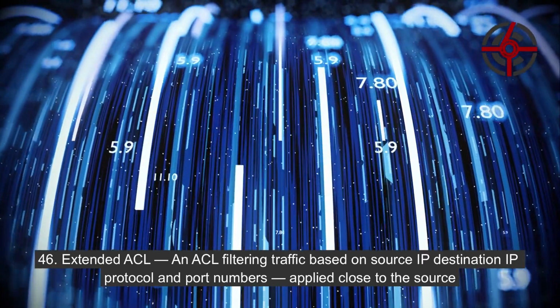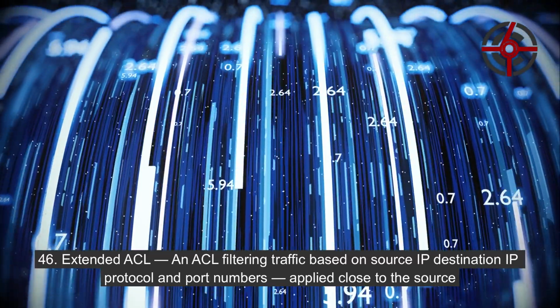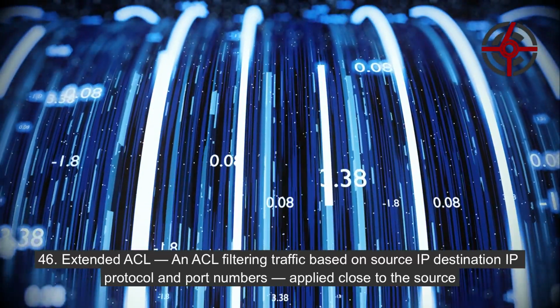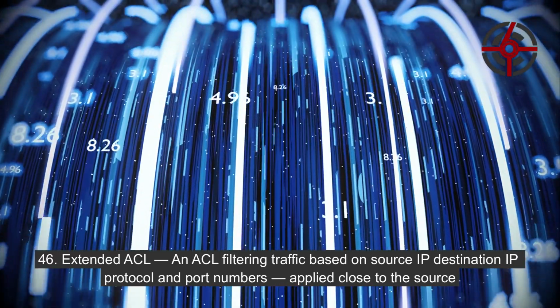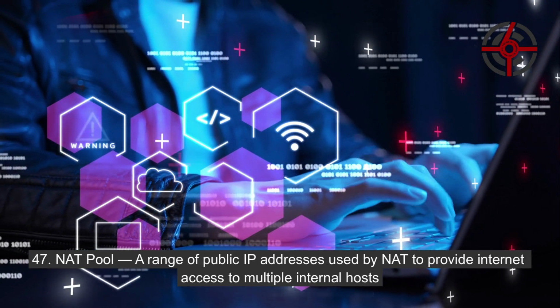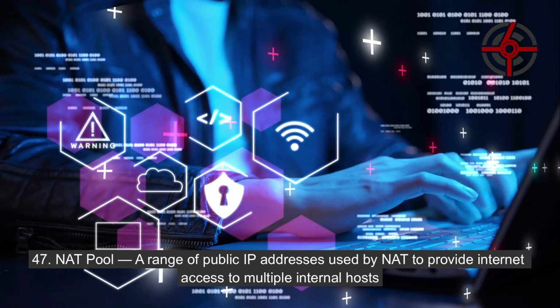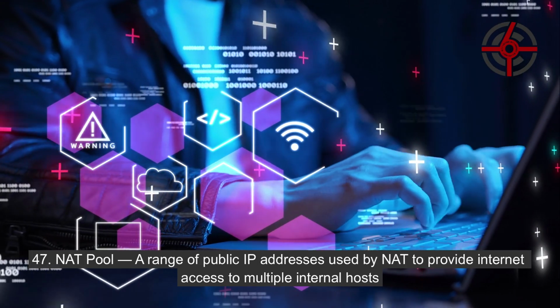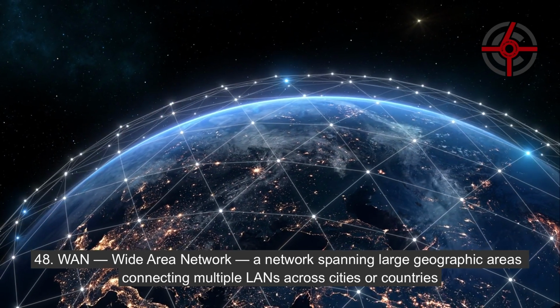46. Extended ACL, an ACL filtering traffic based on source IP, destination IP, protocol, and port numbers, applied close to the source. 47. NAT pool, a range of public IP addresses used by NAT to provide Internet access to multiple internal hosts. 48.